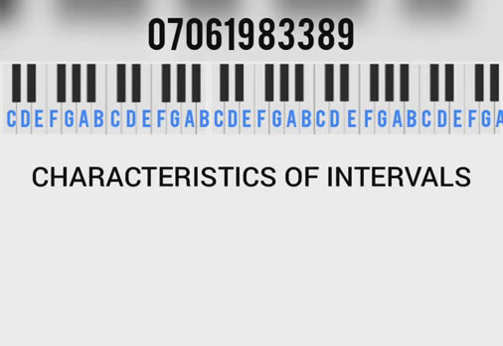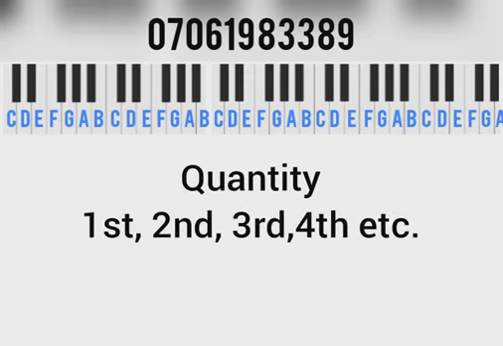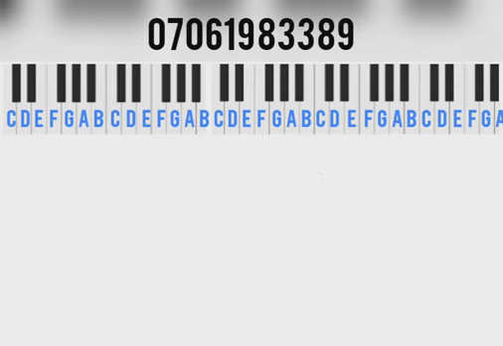Characteristics of intervals. We have the quantity and we have the quality. Quantity describes a numeric value like second, third, fourth, fifth. So just like a value or a position, if I may say. So when you're thinking of a quantity, think of the alphabetical order.